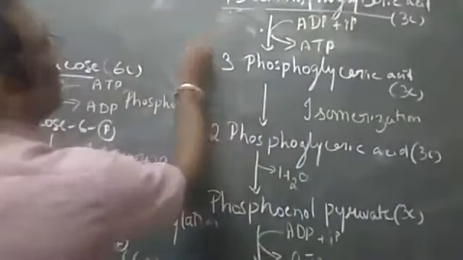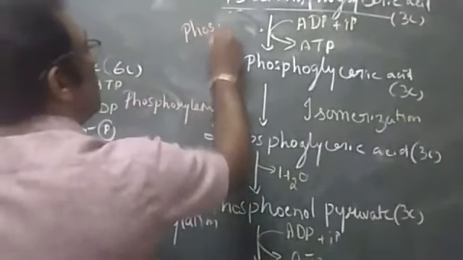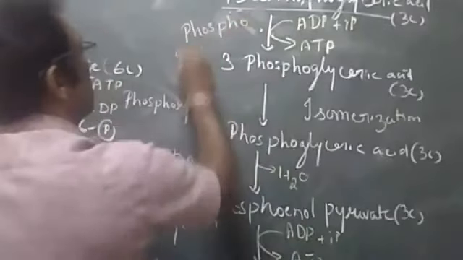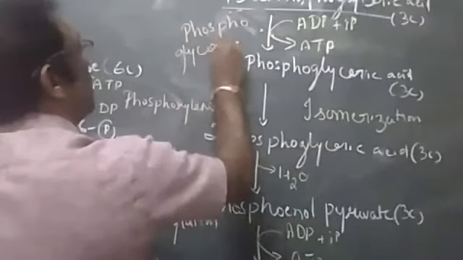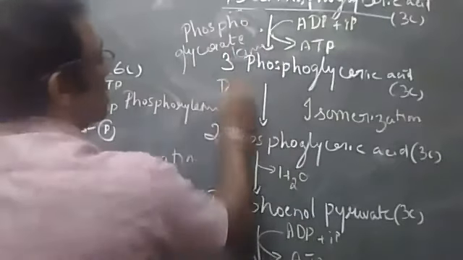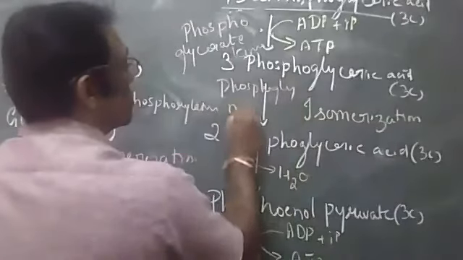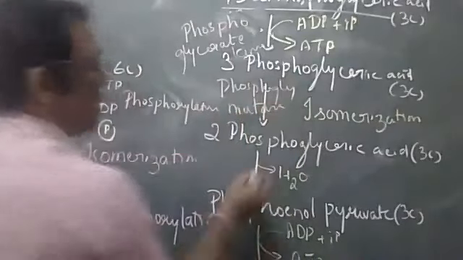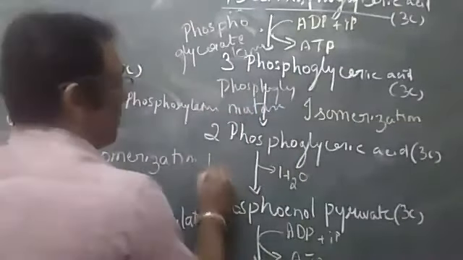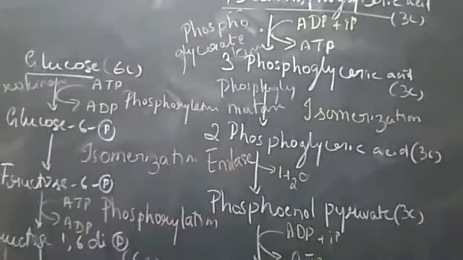Enzyme here. Phosphoglycerate kinase. Then phosphoglycerate mutase. Then what is this enzyme? Enolase. Then what is this enzyme?